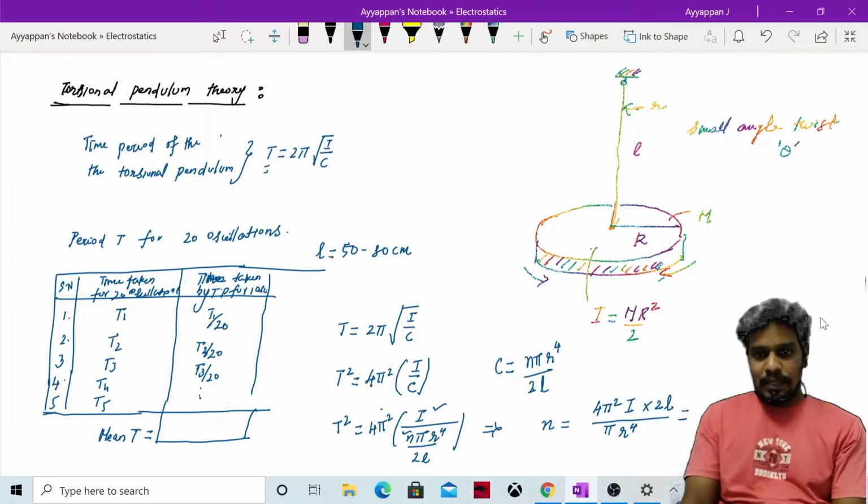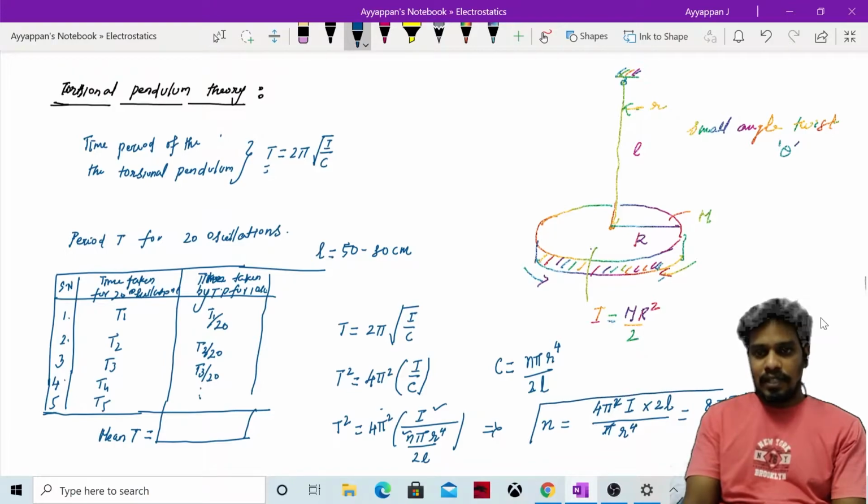Simplifying, one pi gets cancelled: 2 fours are 8, so n equals 8 pi I L divided by r to the power 4. This is the rigidity modulus of the wire.